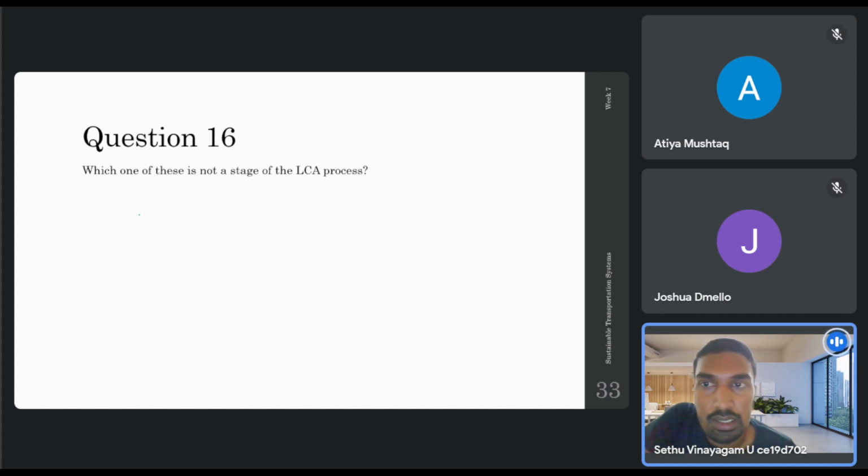So question number 16 is which one of these is not a stage of the LCA process? So options are life cycle inventory, risk management, impact assessment, and interpretation.